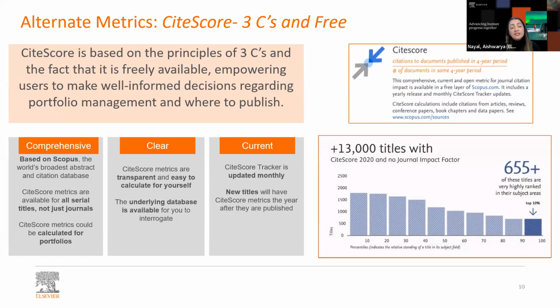CiteScore Tracker is updated on a monthly basis. So if you want to see the current CiteScore of a journal, you'll be able to see it, and you can compare how it's doing month on month. There are 13,000 titles which have a CiteScore but still no impact factor. So you know what you can miss out on.